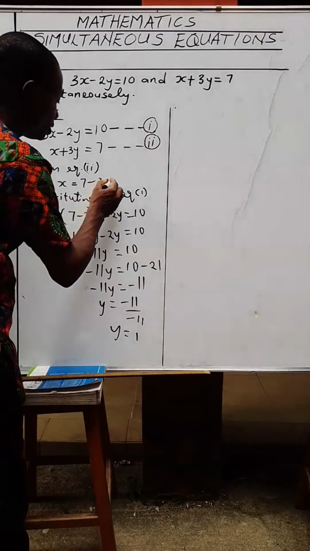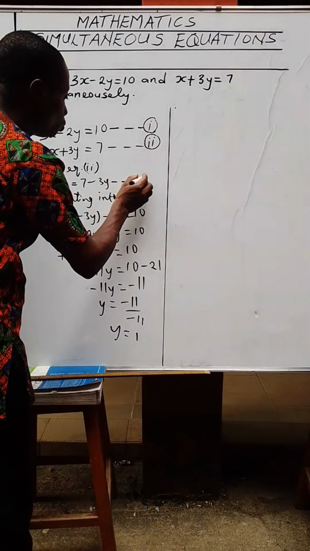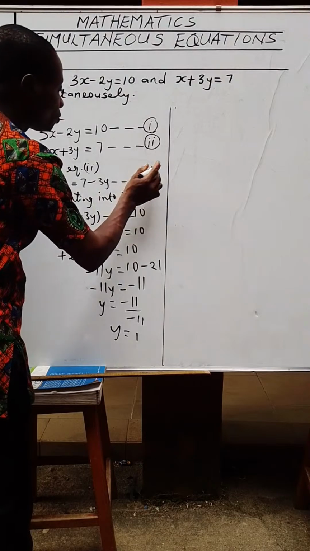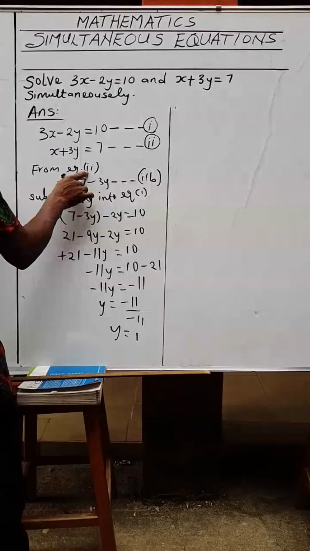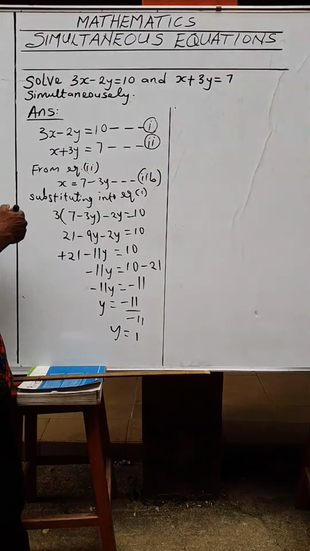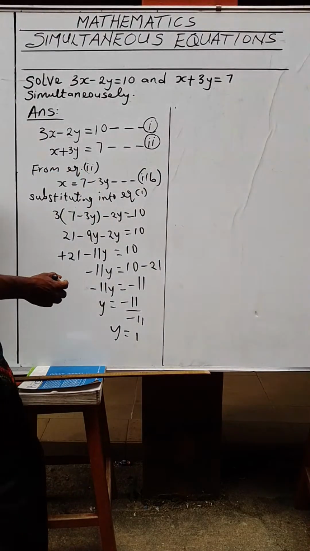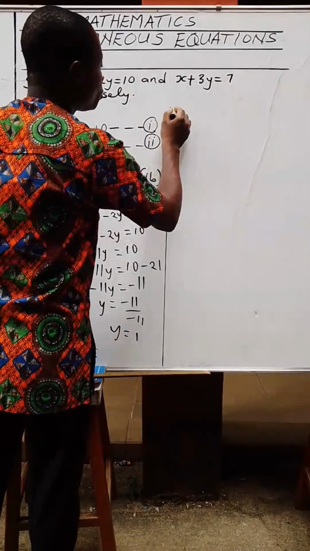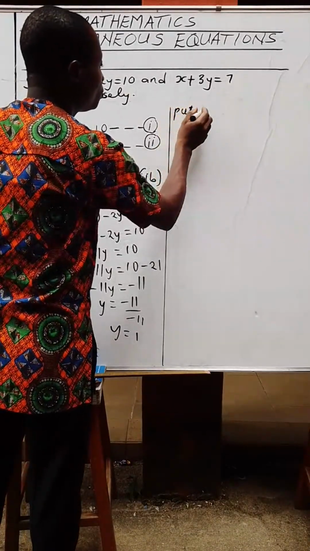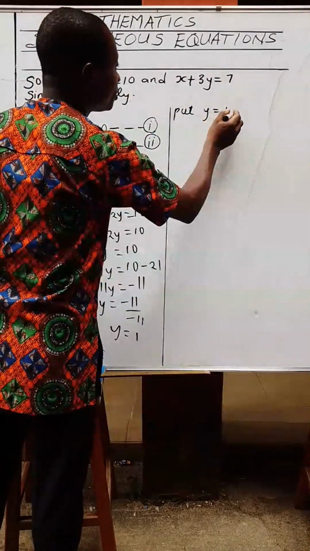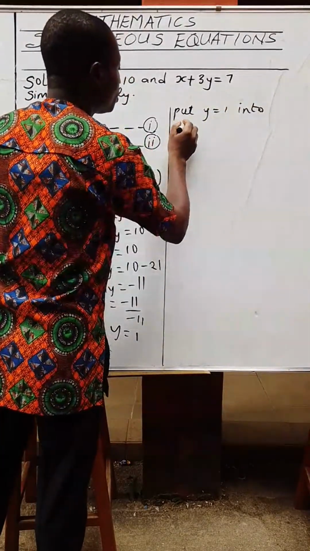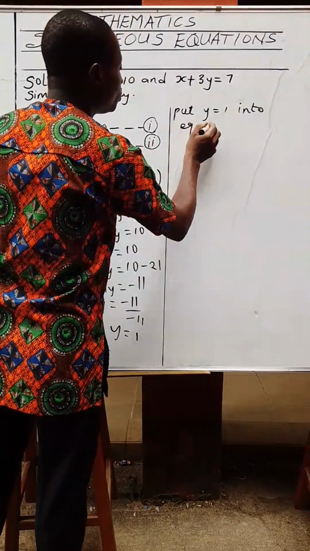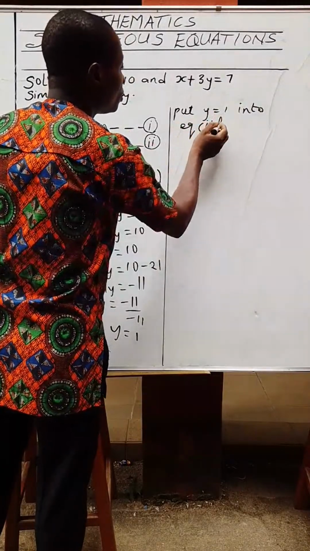So let's call this one equation 2b, right? Yes, we can call this one equation 2b because we got it from equation 2, all right? Call it equation 2b. So substitute, or we say put, y equals 1 into equation 2b.